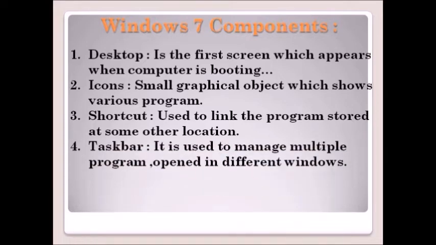Then the taskbar. The taskbar is represented at the bottom of the desktop screen by default. It is used to manage multiple programs opened in different windows. To switch from one window to another, we can click their buttons on the taskbar.